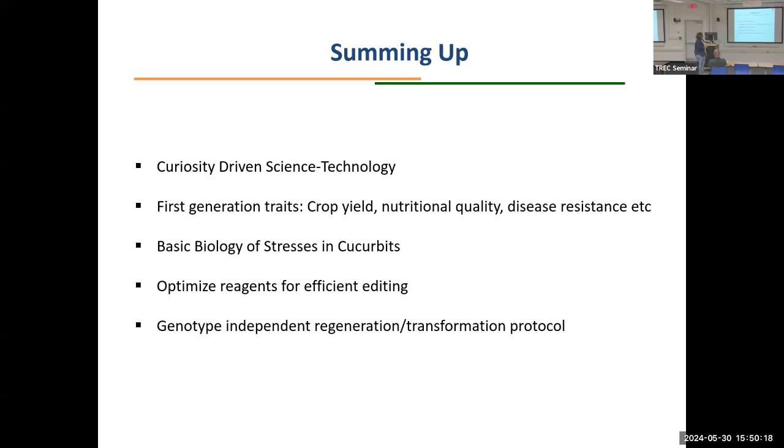But the basic problem in cucurbits is transformation and regeneration, because the transformation and regeneration efficiency after delivery of the reagent is very low. So to increase the efficiency in cucurbits, we need to optimize the reagents for efficient editing, or we need to develop a genotype independent regeneration and transformation protocol, which can be used in any crop, any genotype.